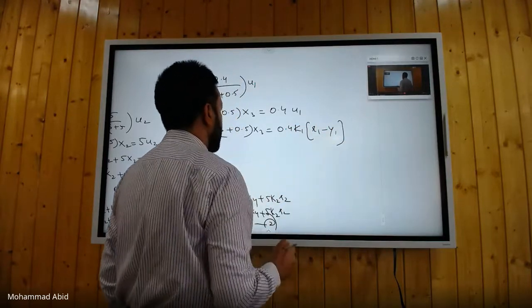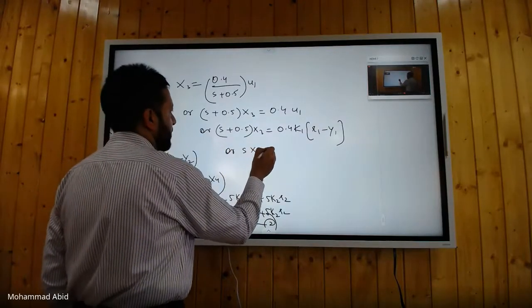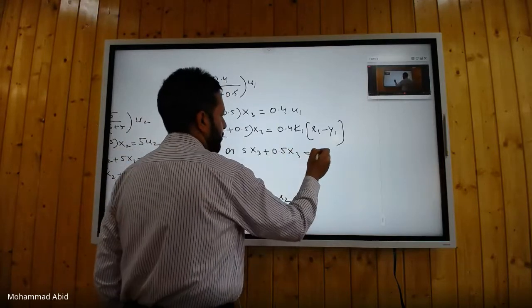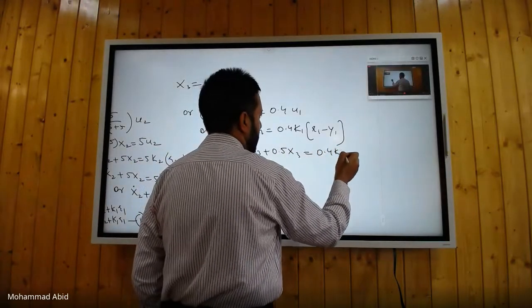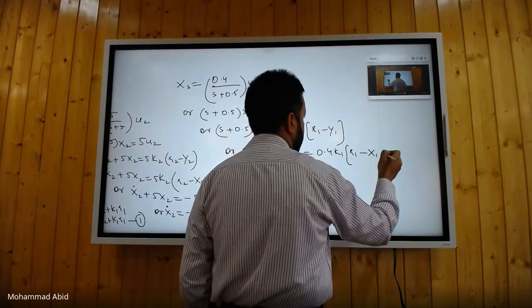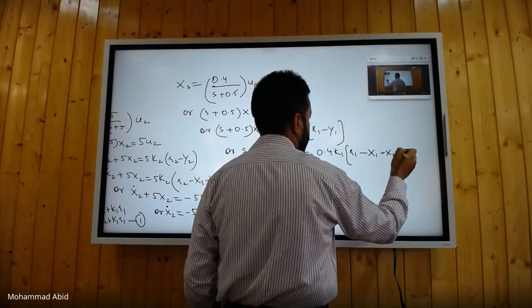Or I can write sx3 plus 0.5 x3 is equal to 0.4 times k1 r1 minus y1, where y1 is x1 minus x2. ठीक है?